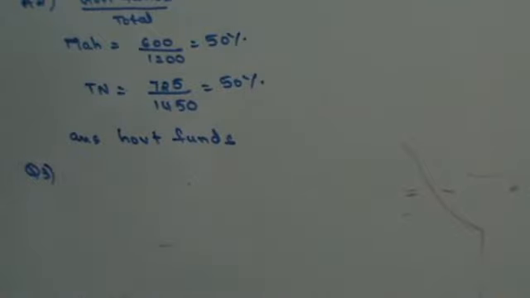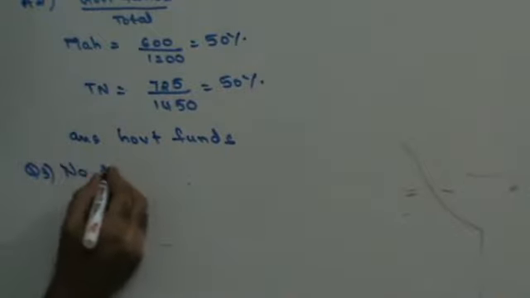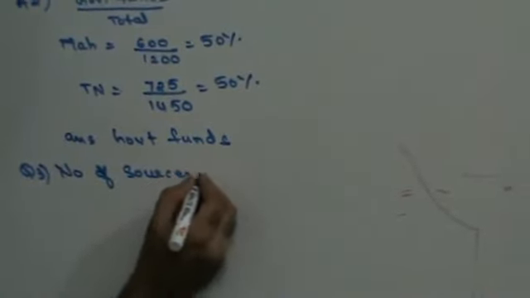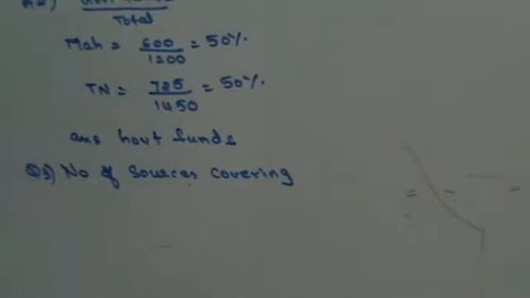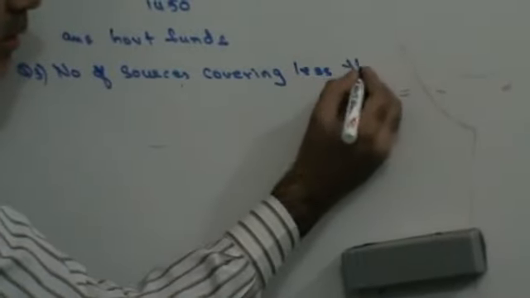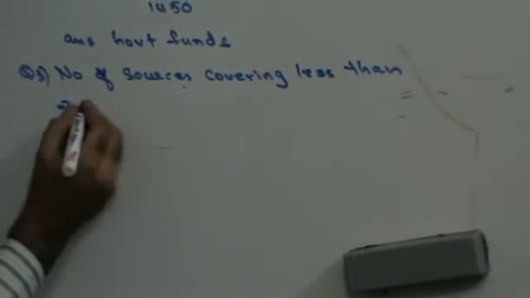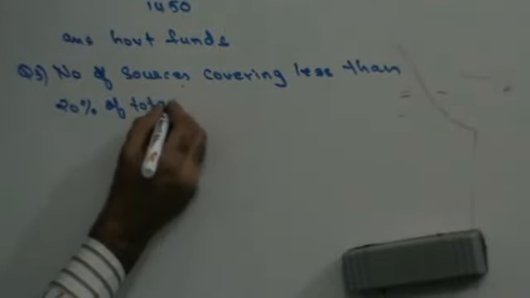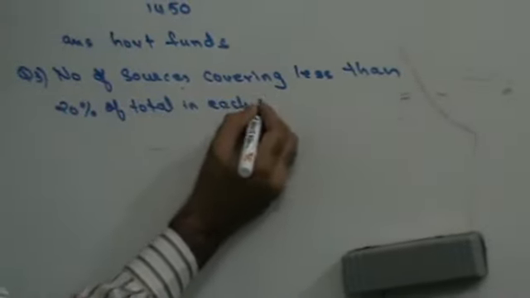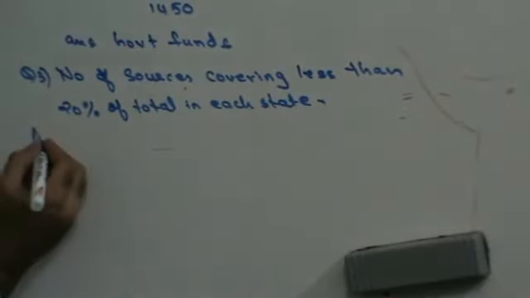Next, let's see another question. The number of sources covering less than 20% of the total in each state.